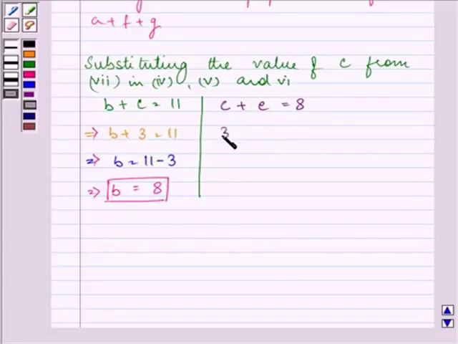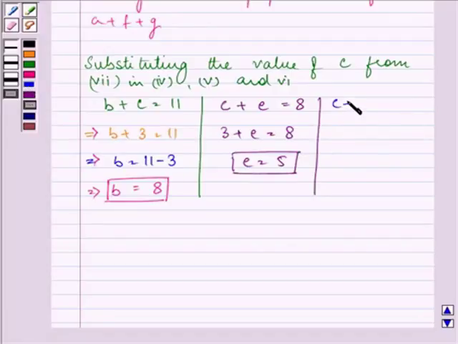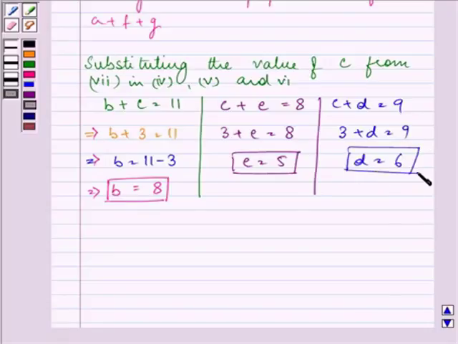So 3 plus E will be 8. The value of E will be 5. And lastly, C plus D in equation 6 is given to us as 9. C is 3 from equation 7. So we have the value of D as 6.